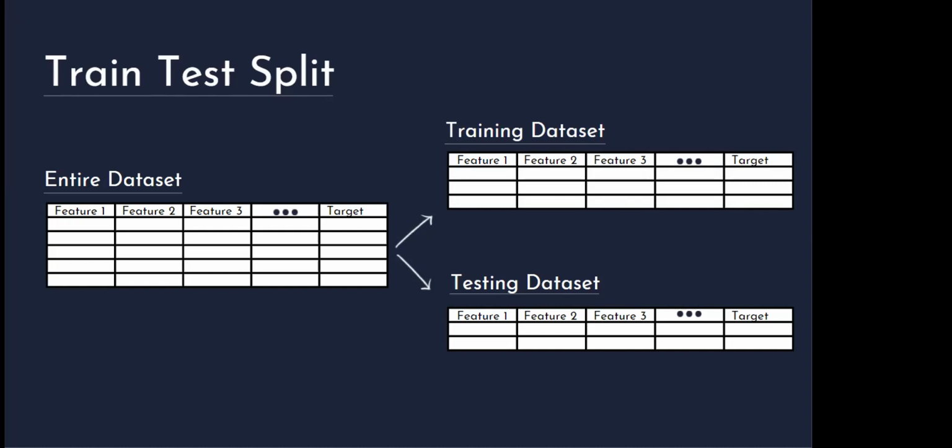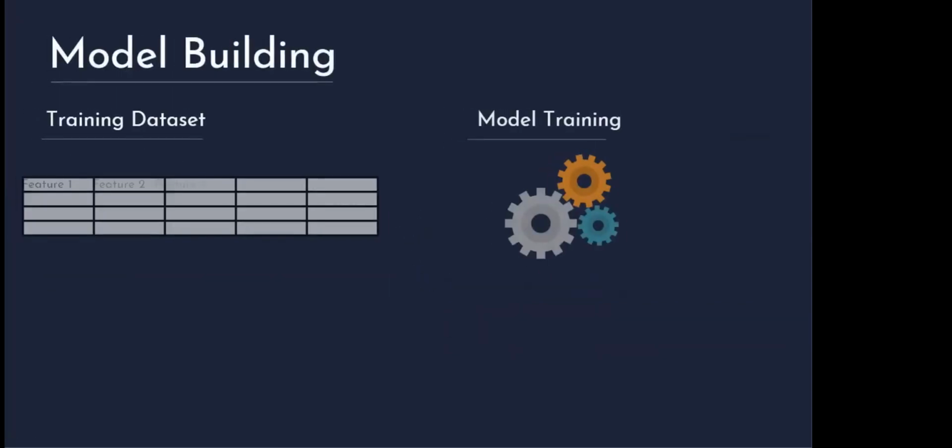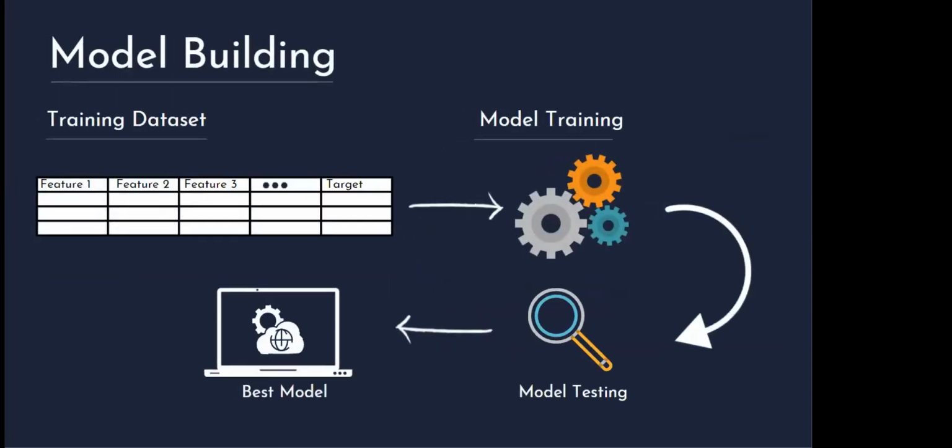In the train test split, as usual, we split the data into 80% training data and 20% test data. But we can also program it as 70% train data and 30% test data, however we want.